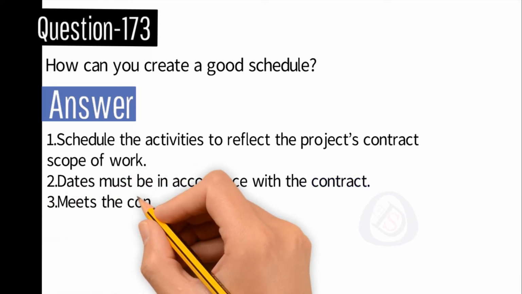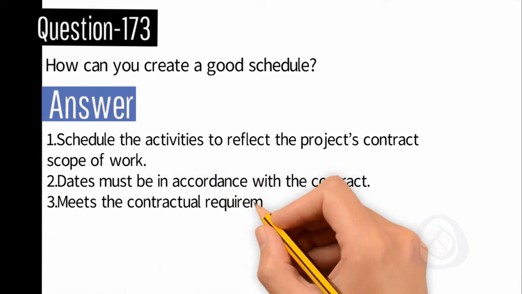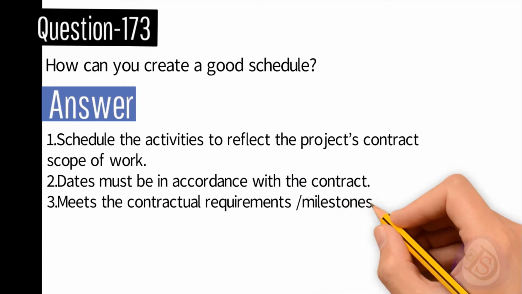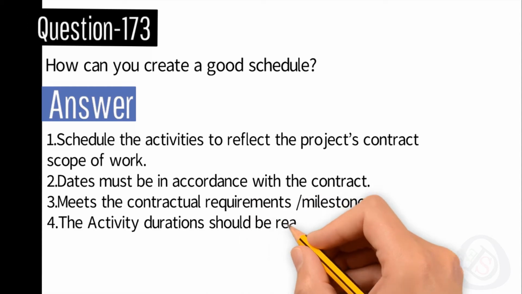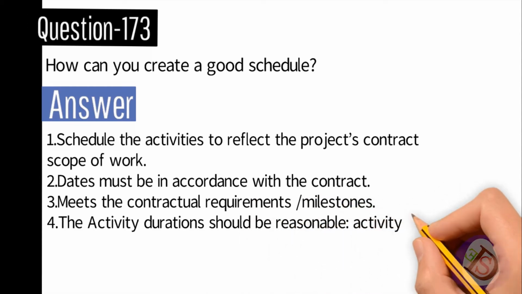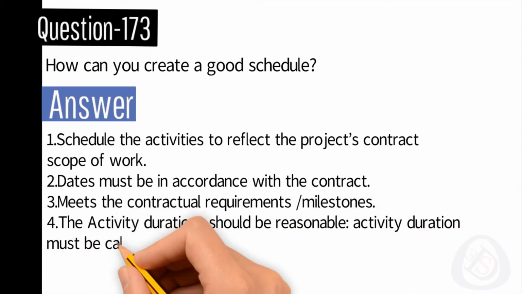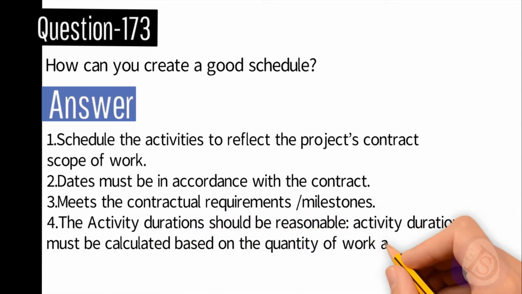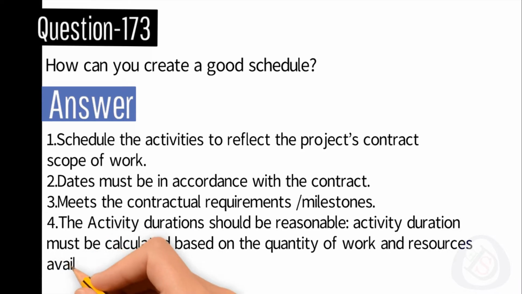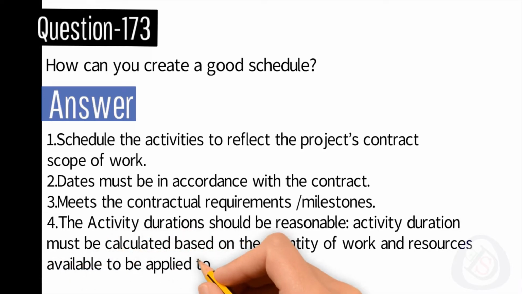Number 3. It meets the contractual requirements and milestones. Number 4. The activity durations should be reasonable. Activity duration must be calculated based on the quantity of work and the resources available to be applied to the work.